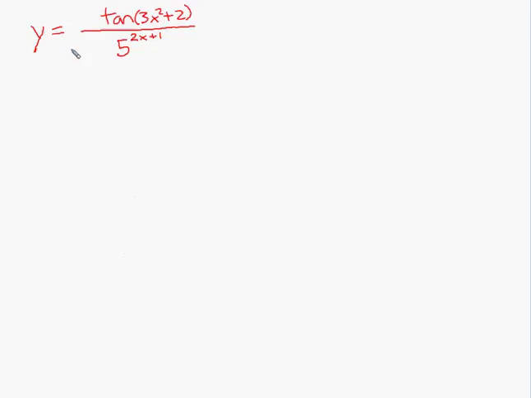This is a quotient rule. Do you see? A top and a bottom. A chain rule right here, and a chain rule right here. So there are a lot of steps. We start by writing down our quotient rule.